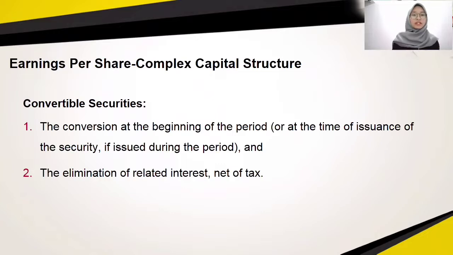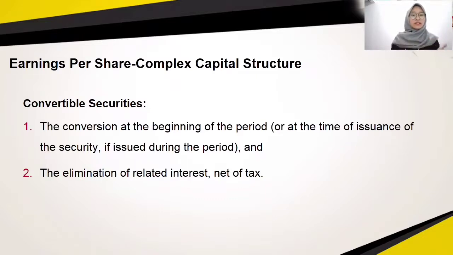And convertible securities. In the convertible securities, we have: one, the conversions at the beginning of the period or at the time of issuance of the securities if issued during the period, and the elimination of related interest, net of tax.